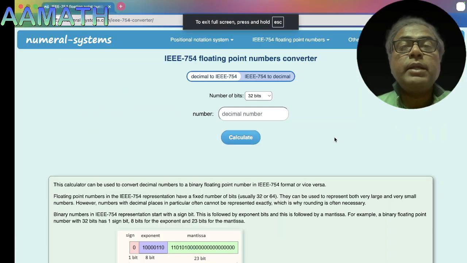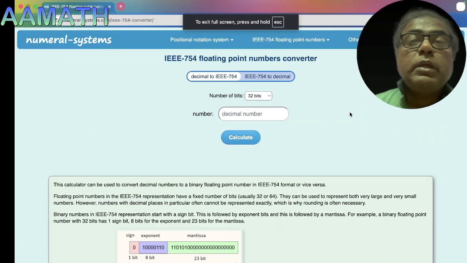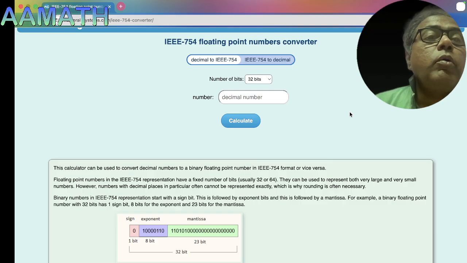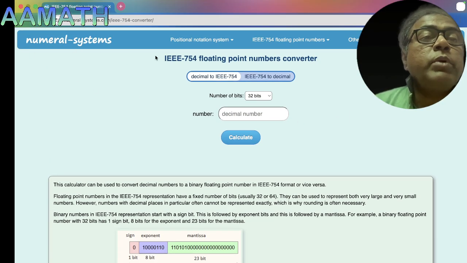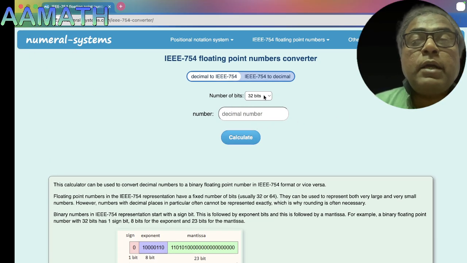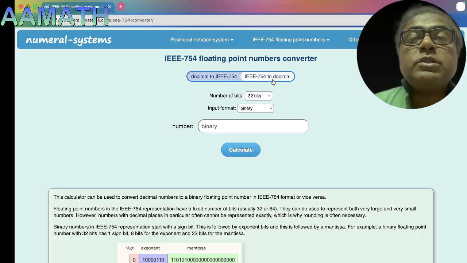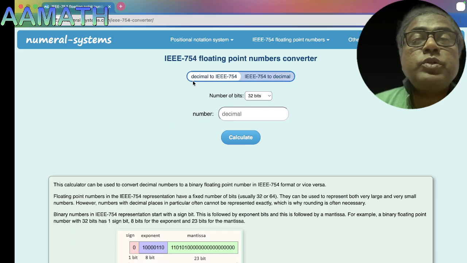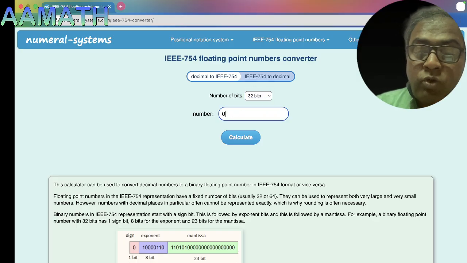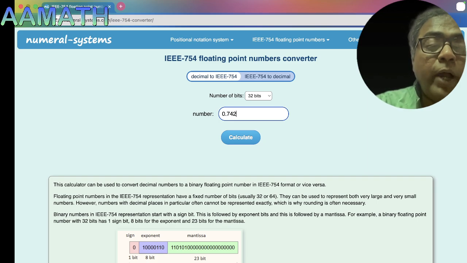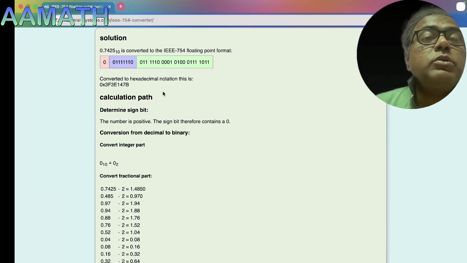We get this website, IEEE numeral system. First choose decimal to IEEE 754; you can choose either IEEE 754 to decimal or the reverse. First we choose this. You can choose 16 bits or 32 bits, so choose 32 bits. Enter 0.7425 and calculate.